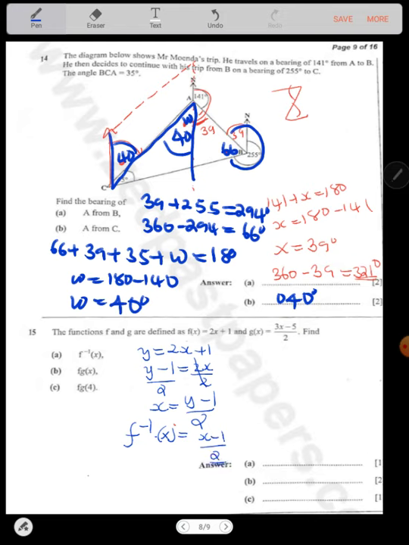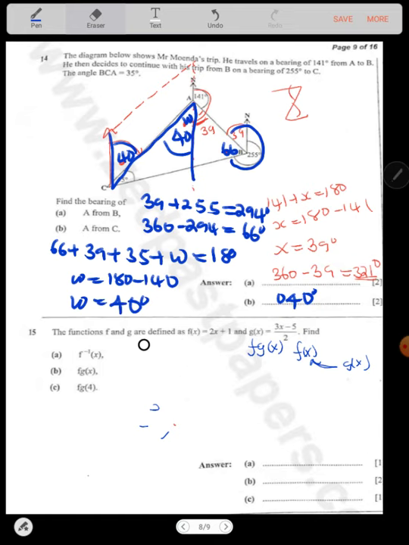Then this one says find f of g of x. This means in the function f of x, where there's x here, we put the function of g. What does that exactly mean? This exactly means that in the function 2x plus 1, where there's x, you put 3x minus 5 over 2. How do we do that?